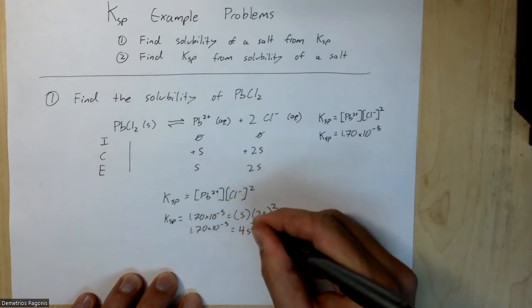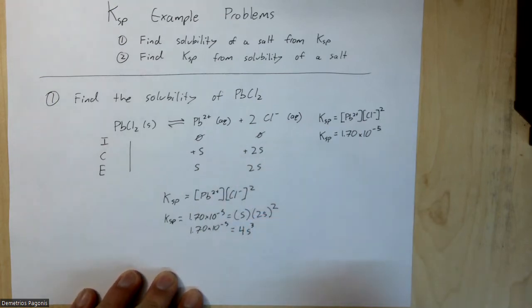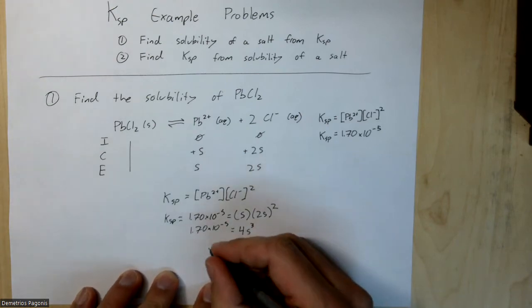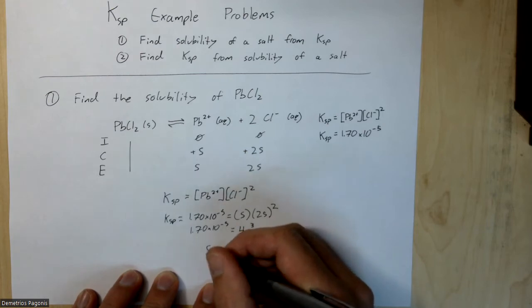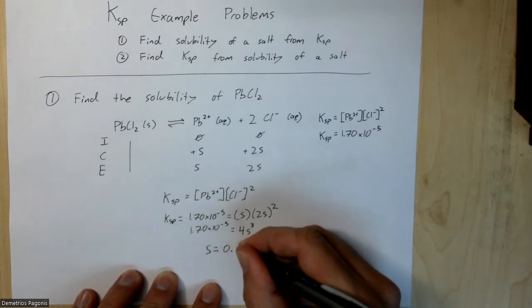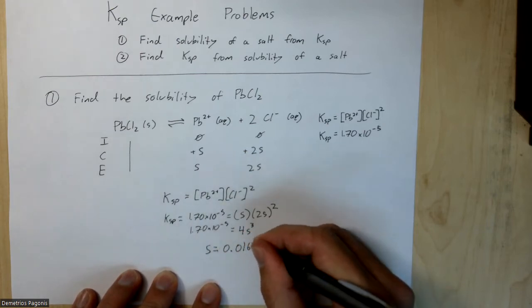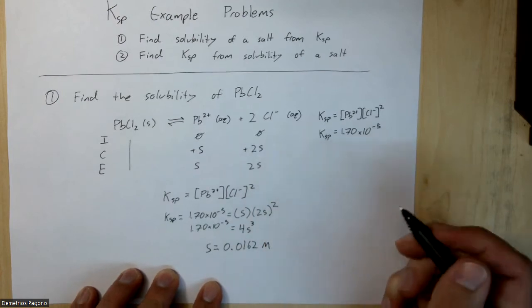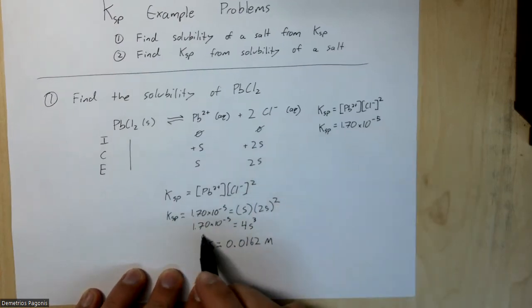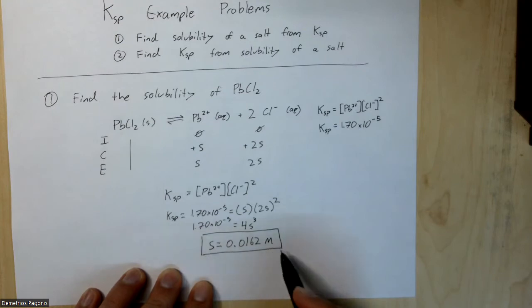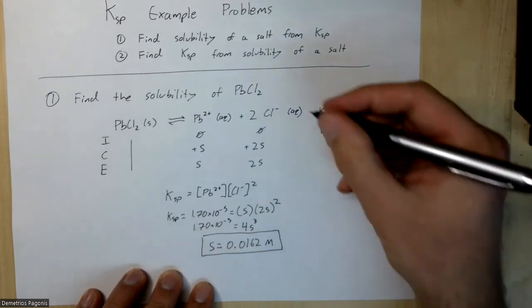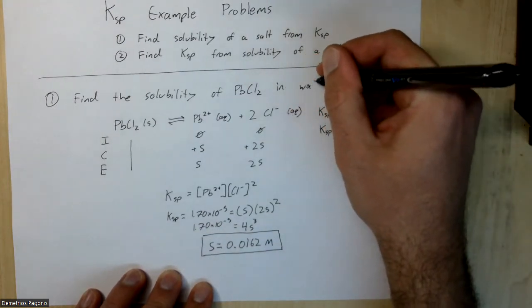So this reduces to 4S cubed. And with a little more calculator work, we have solved for the solubility of lead chloride S, which is 0.0162 moles per liter. This is the solubility of lead chloride in water.